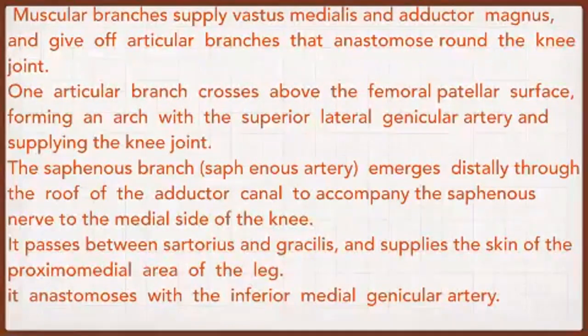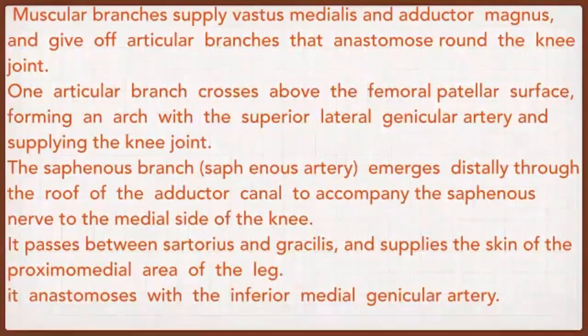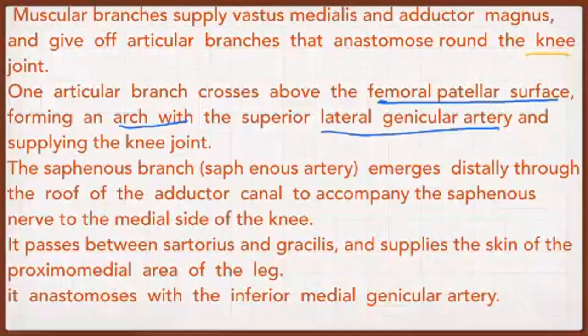Muscular branches supply vastus medialis and adductor magnus, and it gives off articular branches that anastomose around the knee.